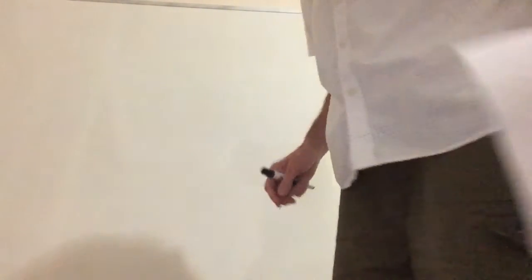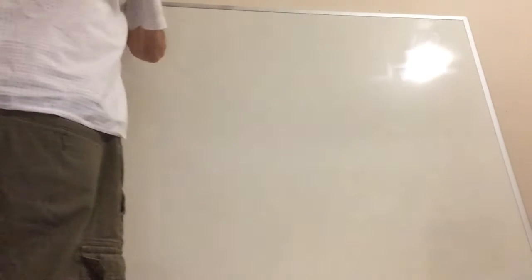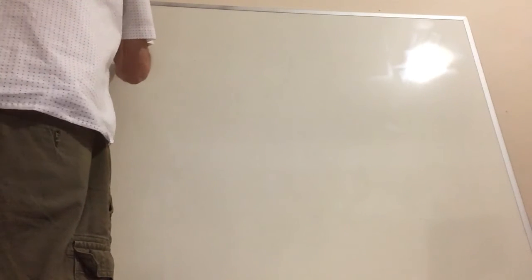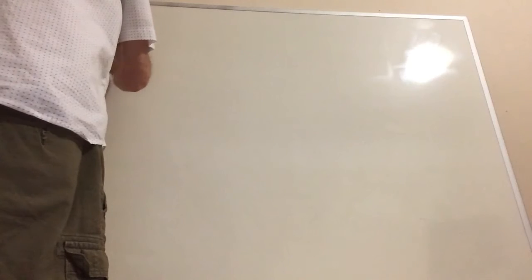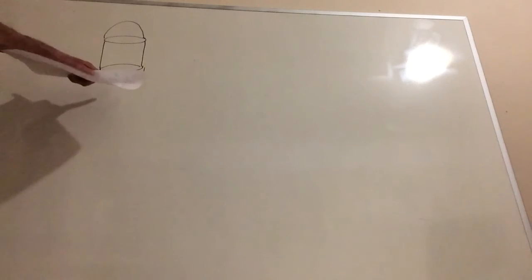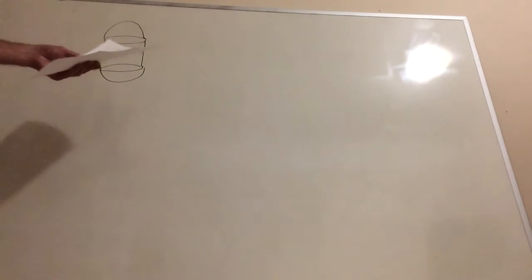And now I turn my attention to number 2, and this is some sort of weird looking object, a sphere, a cylinder, and a sphere. And of course, my artwork is kind of primitive, but we presume that the half spheres are congruent, and we're given the data.